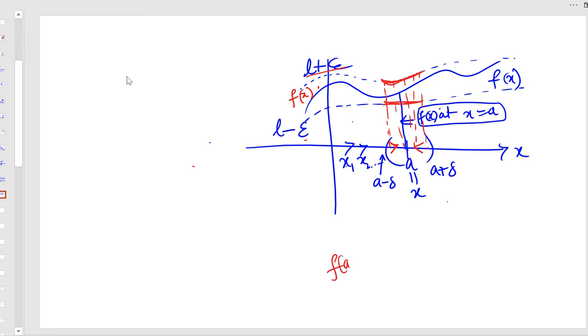For example, f of x equals 2, where 2 is a constant. At any point, it will be 2. You give f of 1, it is 2, f of 2, it is again 2. It is always the same value. So every point will be a limit point.